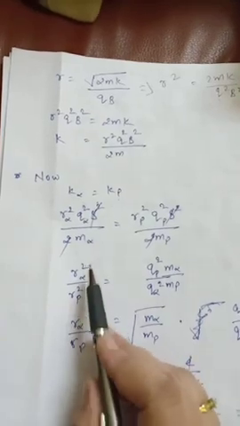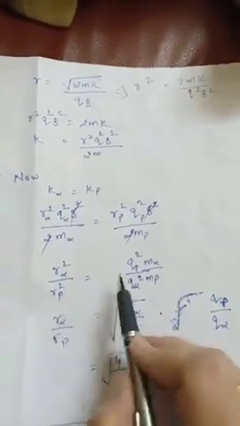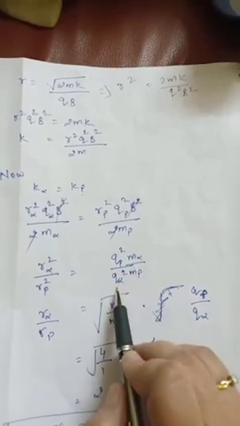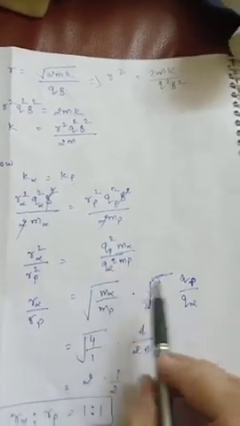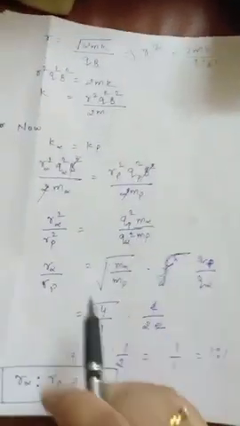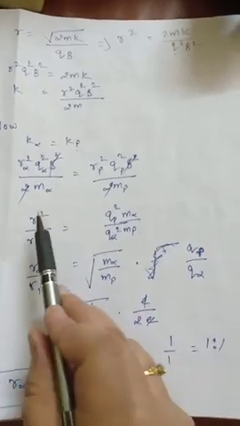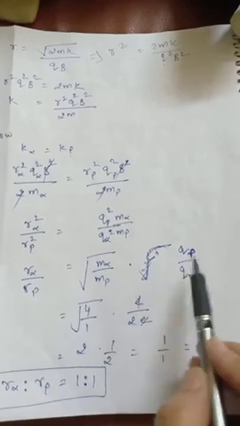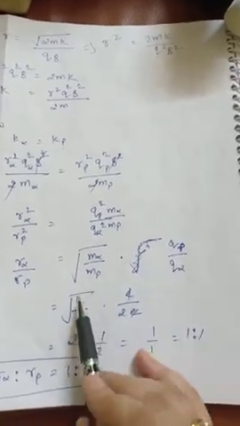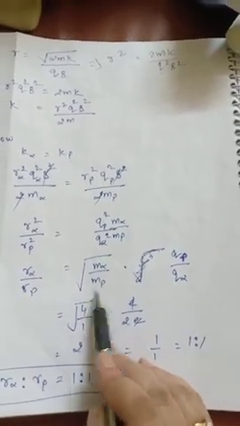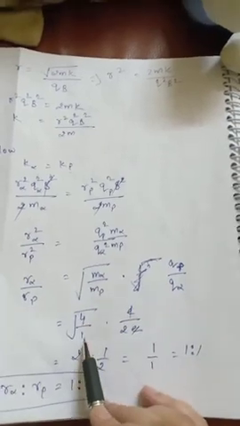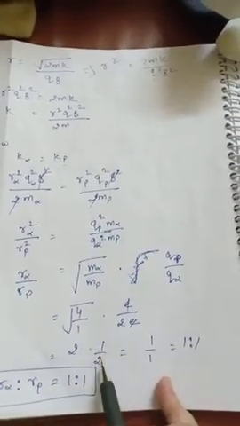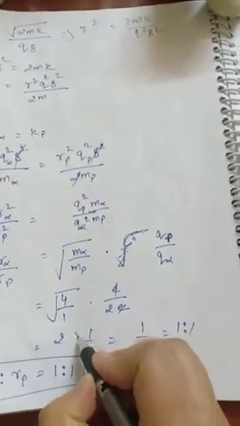We have r alpha square upon rp square equals qp square m alpha upon q alpha square mp, right? If we remove this square, then we have under the root m alpha upon mp into qp by q alpha. Put the values of m alpha, mp, qp and q alpha. We have 4 by 1 and e by 2e. We have 2 into 1 by 2. This is multiplied.